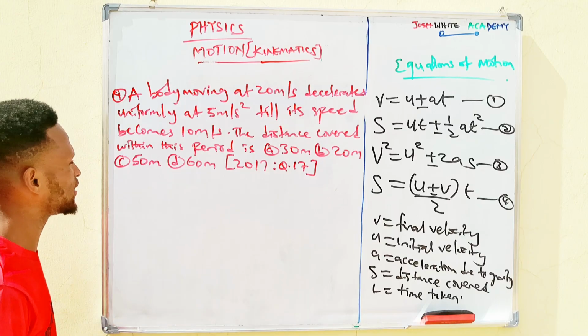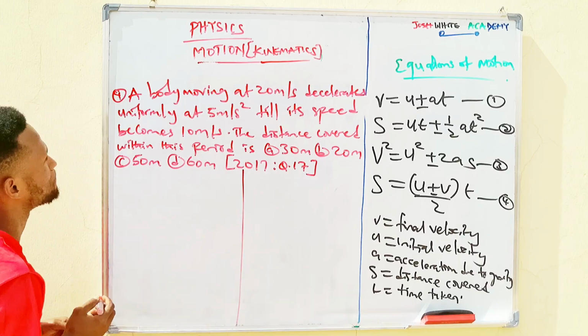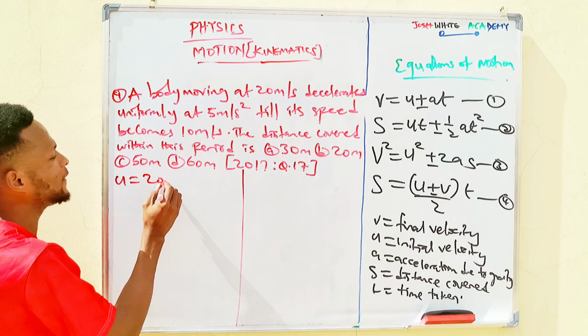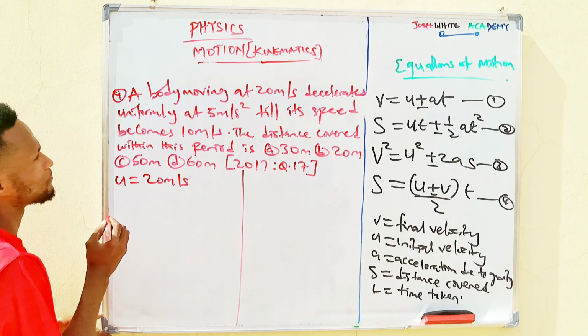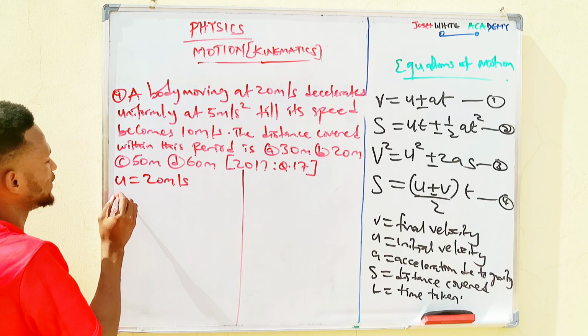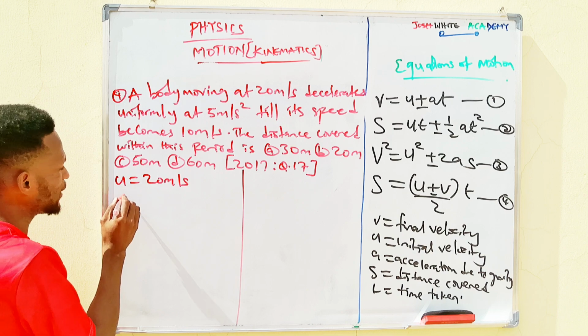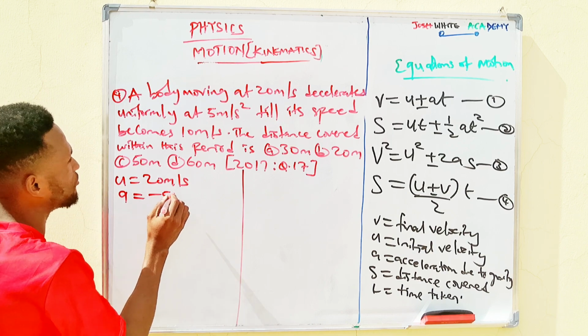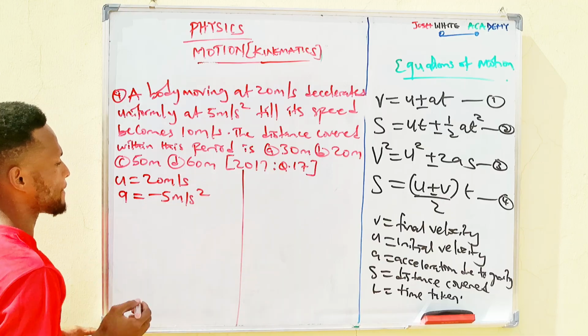So let's write our data down. Our initial velocity is 20 meters per second. Deceleration, that's our acceleration now, will be a negative 5 meters per second square.